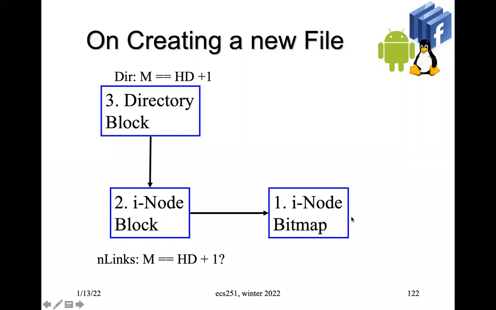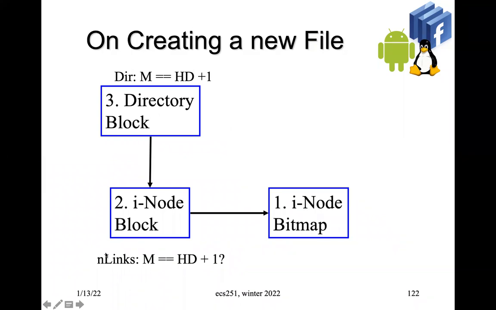By the way, when you create a new file, I haven't included the data block, because that is written after you create the file, so we're not worried about that right now. We just worry about three data structures: the inode bitmap, the inode block, and the directory block.